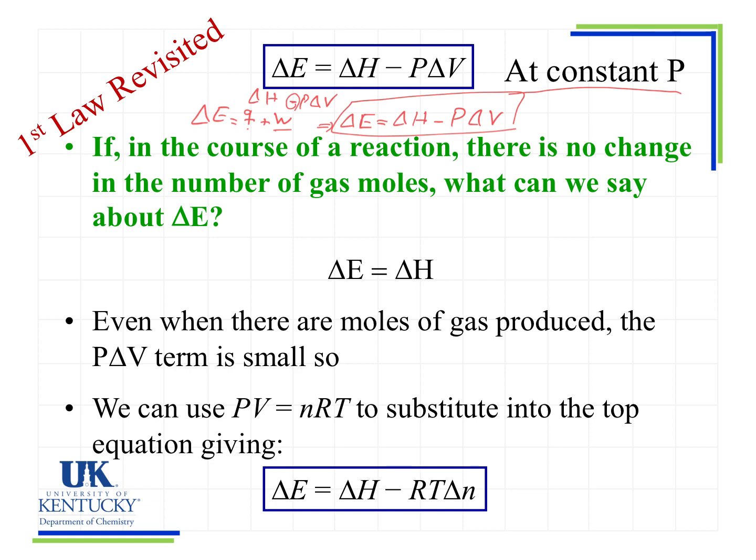Let me rewrite this equation first: delta E equals delta H minus P delta V. If the change in moles is 0, then the change in volume is 0, so this whole term is 0. Therefore, delta E equals delta H. And that's true for most reactions.